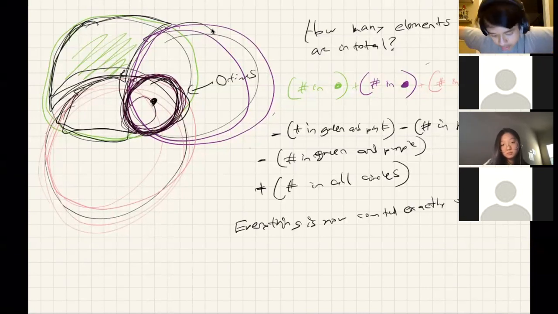Listening to me explain this probably gave you a big headache, but you should think of the principle of inclusion and exclusion not as a theorem, but as, as the name states, a principle.